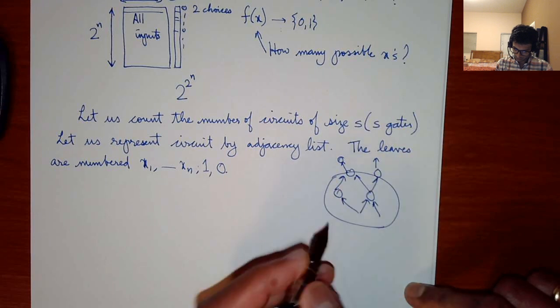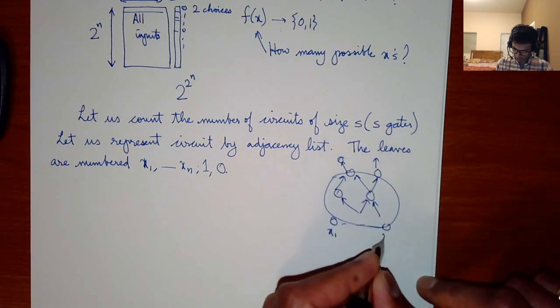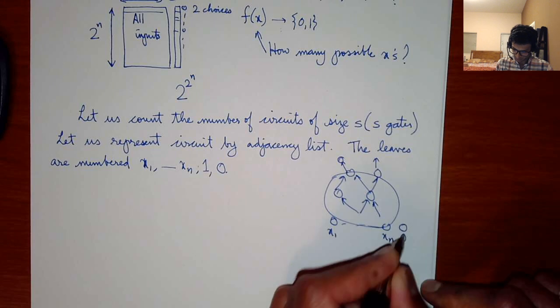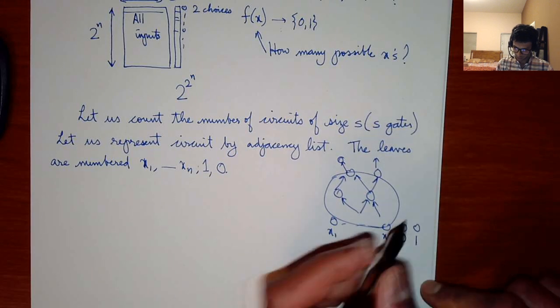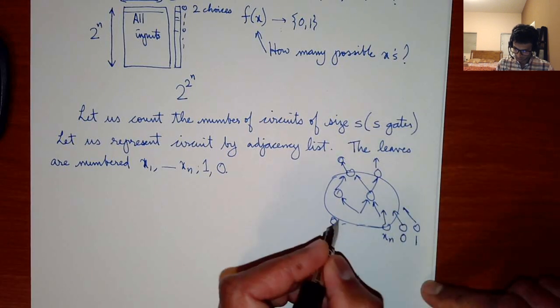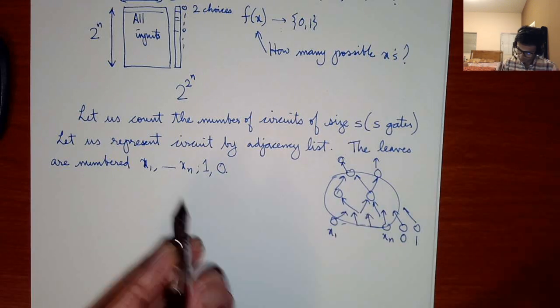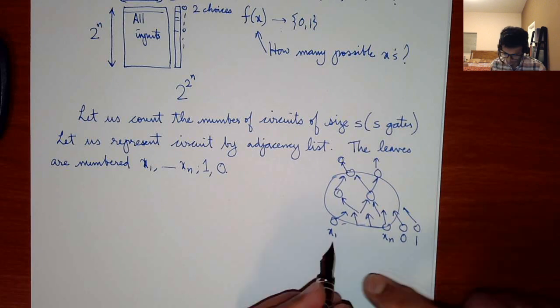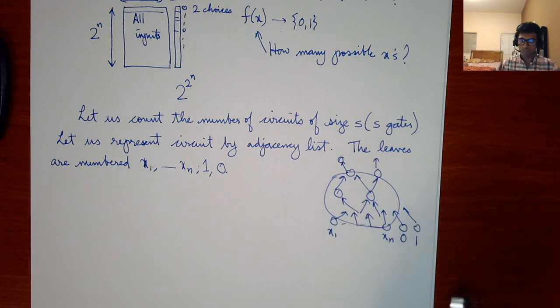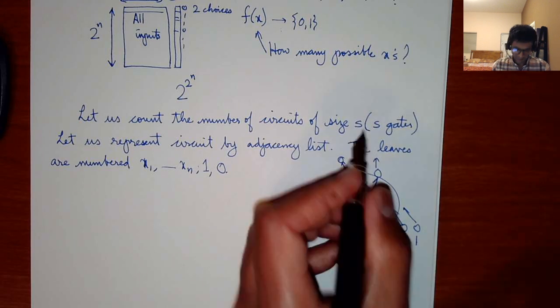In the end, we're going to have these leaves numbered x1 to xn. There's the 0 leaf and the 1 leaf, and of course these are just going to be sending their values in. The leaves are numbered x1 to xn, 0, 1, so we can fix the numbering of the leaves. We represent the circuit by an adjacency list, and there are S gates.